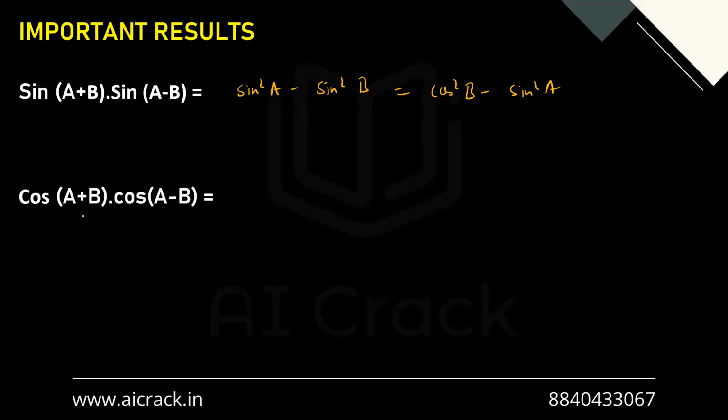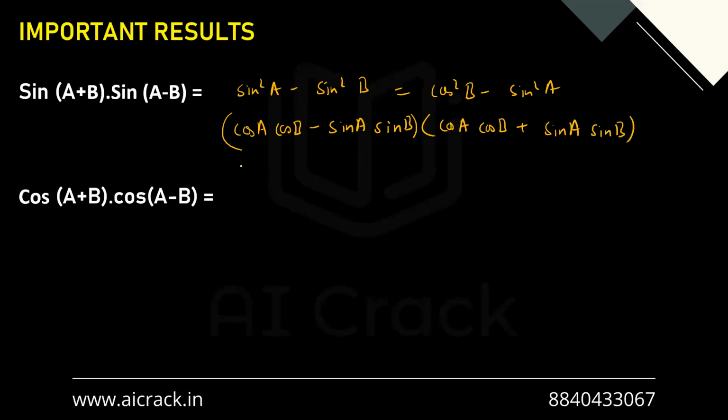Okay. Now let's try to derive this one, cos of A plus B dot cos of A minus B. Again, we'll start with the brute force method. That is cos A cos B minus sin A sin B multiplied by cos A cos B plus sin A sin B, right?